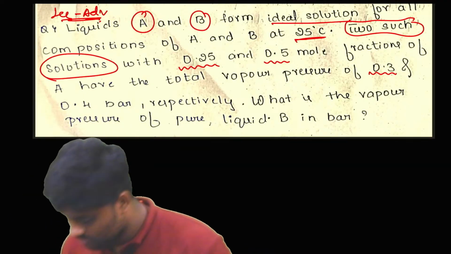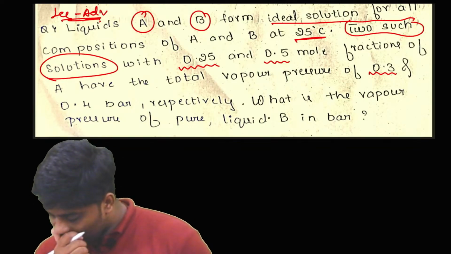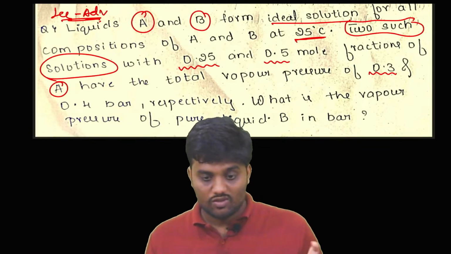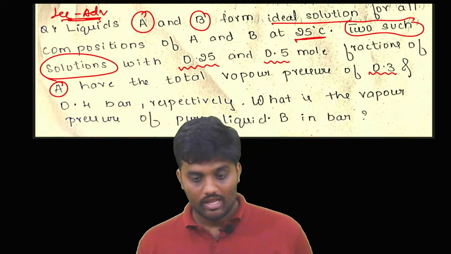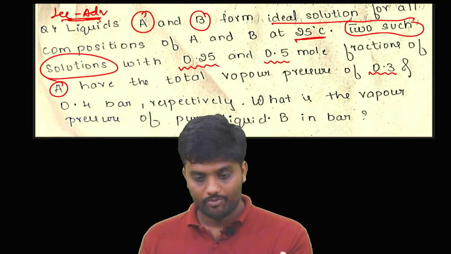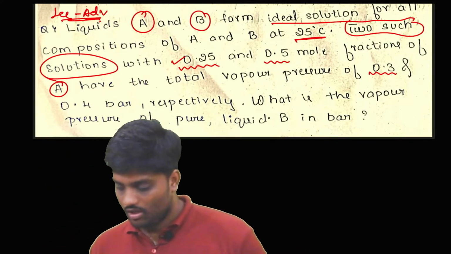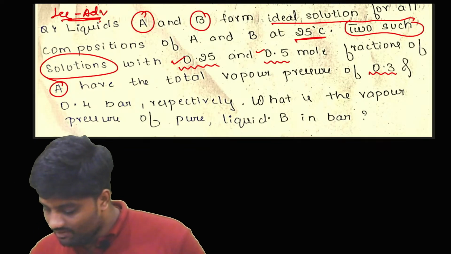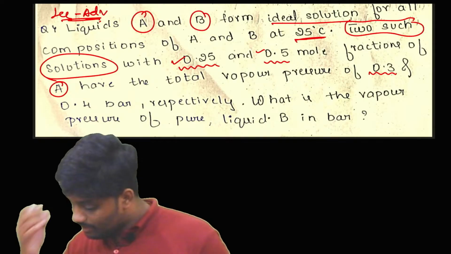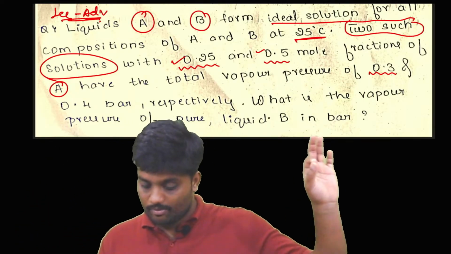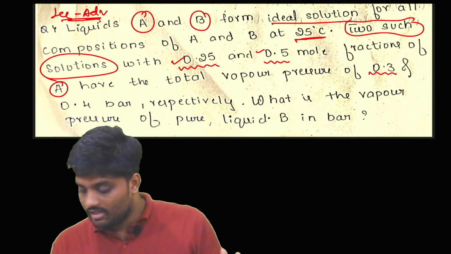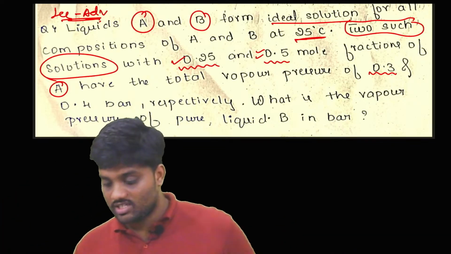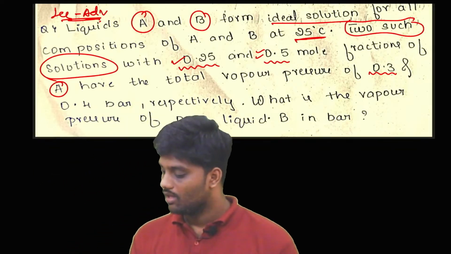They are talking about two different solutions, with 0.25 and 0.5 mole fractions of A. A and B were mixed; once one solution was made, and another time another solution was prepared. In one solution the mole fraction of A is 0.25, in the other they have taken 0.5. These have total vapor pressures of 0.3 and 0.4. With 0.25 mole fraction the total vapor pressure becomes 0.3, and with 0.5 mole fraction it has 0.4.